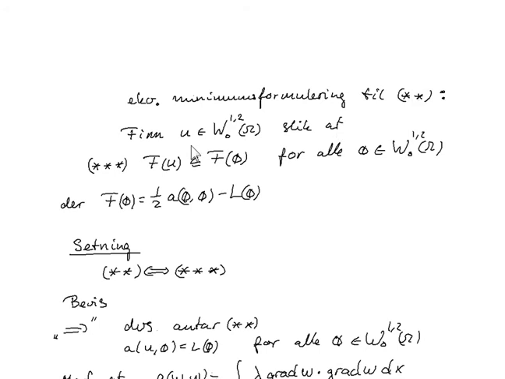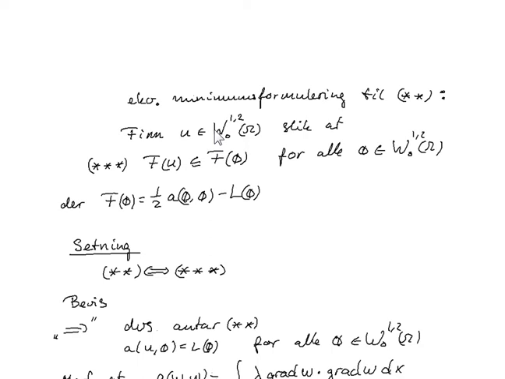And this formulation is as follows: find U in W0 such that, and we call this triple star, F of U is less than or equal to F of phi for all phi element in W0, where this capital F of phi is equal to half A of phi minus L of phi.